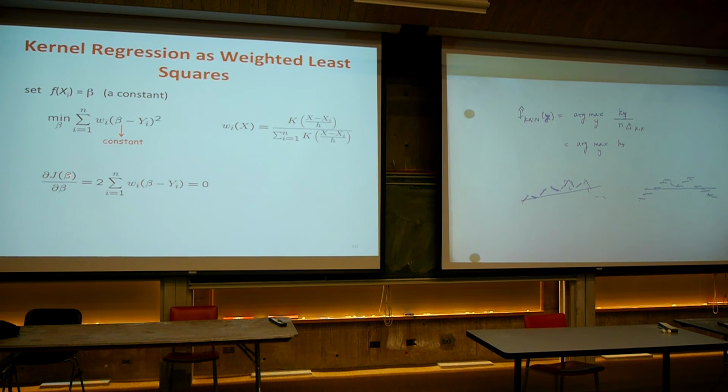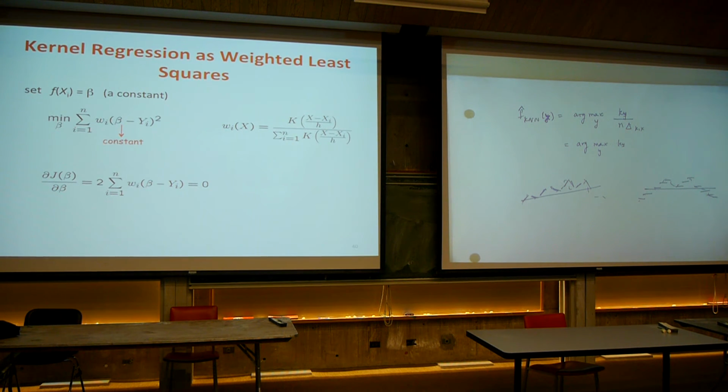But yeah, you do this. So this is our objective in beta. We are taking its derivative, setting it equal to 0 to find the minimizer. What's the derivative of this with respect to beta? You get twice sum wi (beta minus yi), and we're just going to set it equal to 0. It's really a simple derivation. I'll break it up into two terms, sum of wi times beta and sum of wi times yi, and I'm just equating the two.